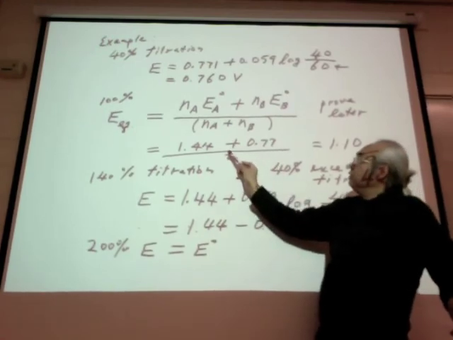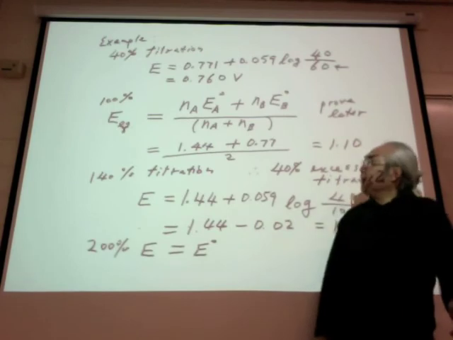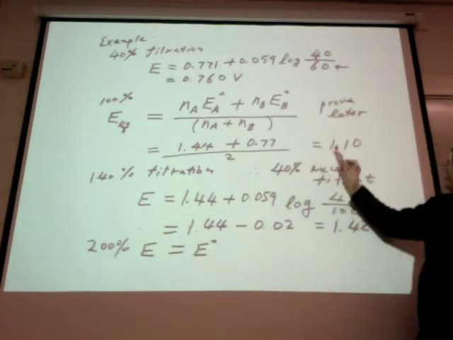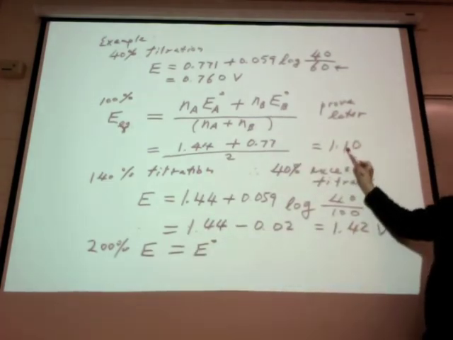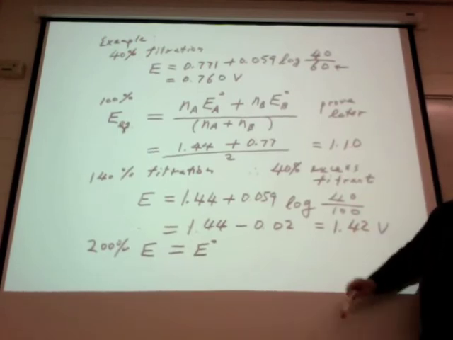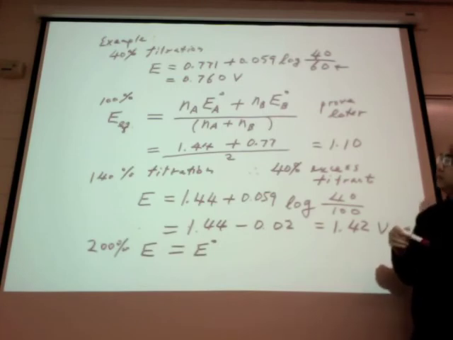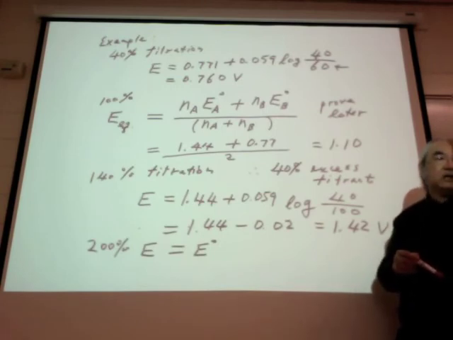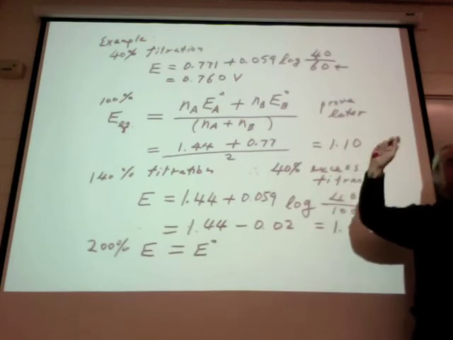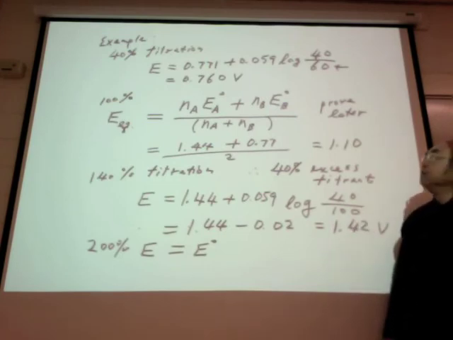So after 2, with 1 electron transfer each, it is divided by 2. So at the endpoint, your potential is going to be 1.1. Then in your real titration, you need to verify that indeed the number of moles are now coefficient-equal, so that it is at the endpoint.